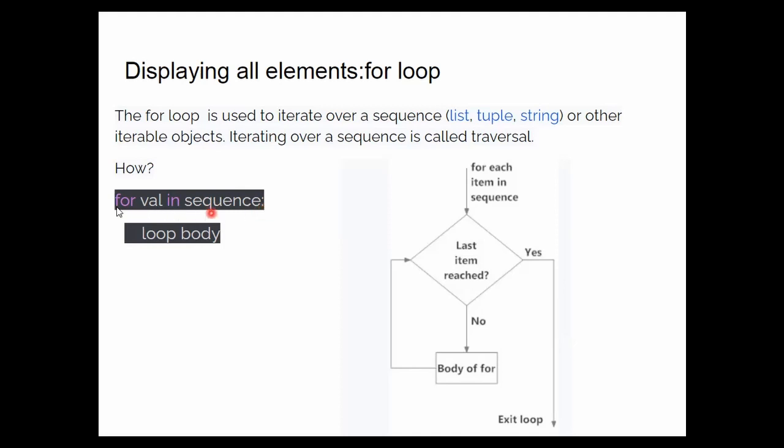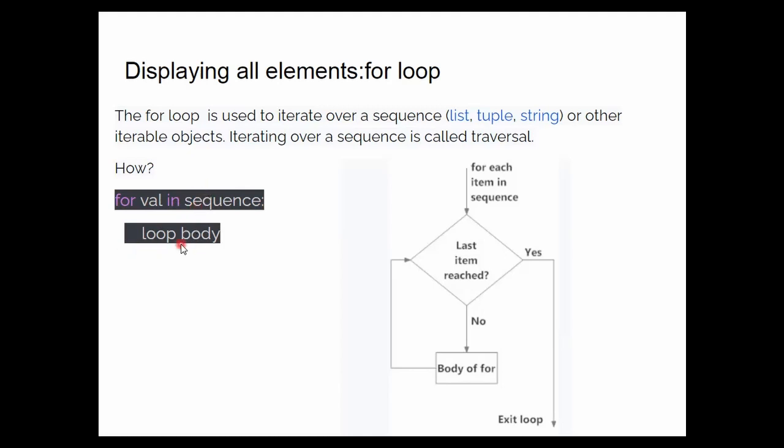So the syntax is: for val in sequence colon, and we are going to leave some space here, which is called an indent. If you do not keep some space here, it will generate an error message. Whatever we write after leaving some space will be treated as the body of your for loop.